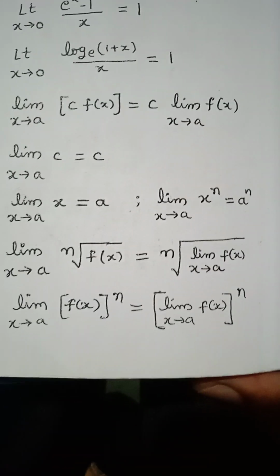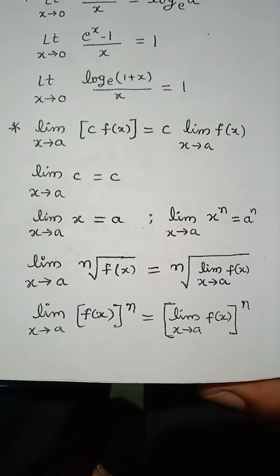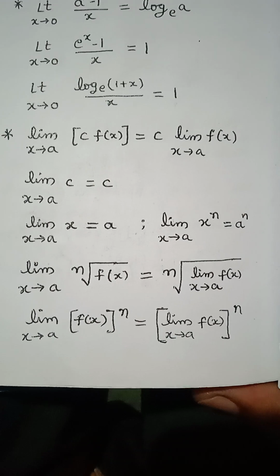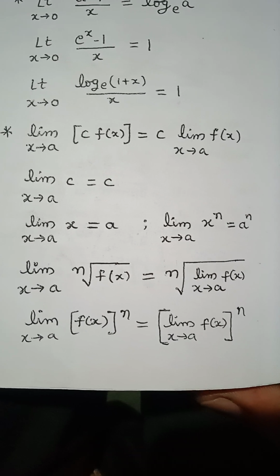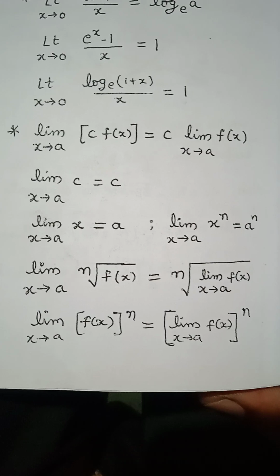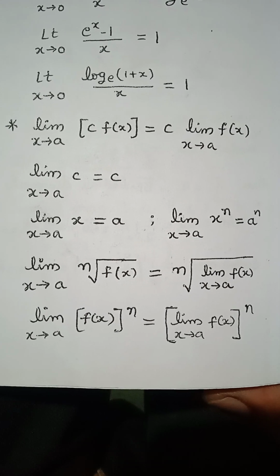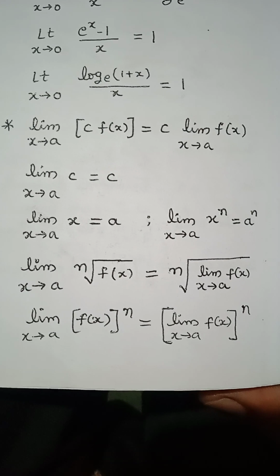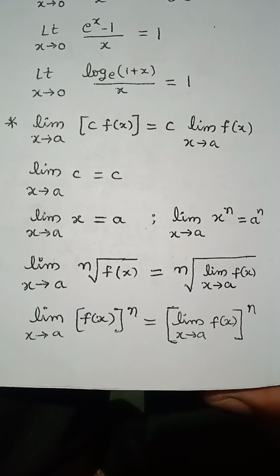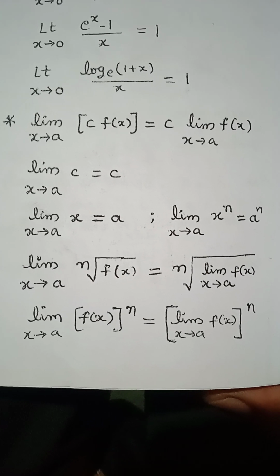Now, limit x tends to a of some constant c into f of x equals c into limit x tends to a f of x. Limit x tends to a of constant function c equals c. Limit x tends to a x equals a.